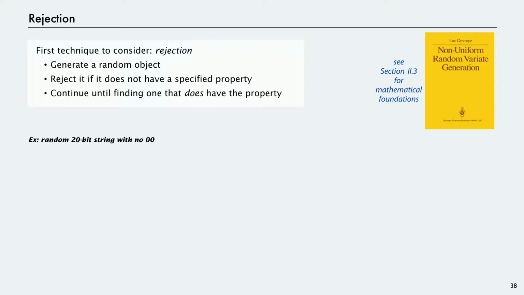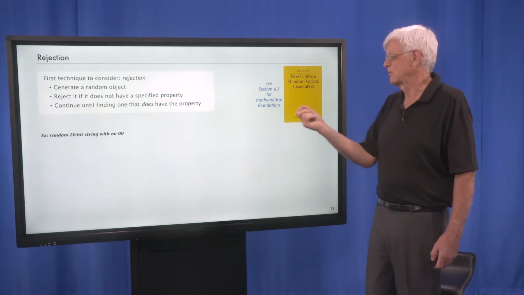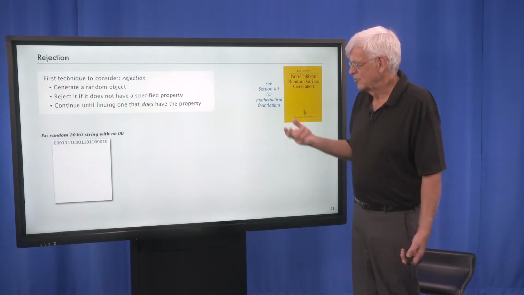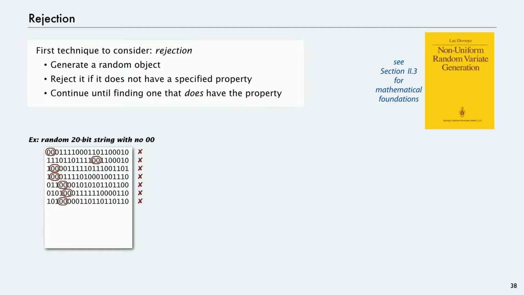So here's a very simple example. Let's say we're looking for strings that have no occurrence of 2 consecutive zeros. Just generate a string. Well, that one has 2 consecutive zeros right at the beginning, so we reject it. Generate another one, and keep going in that way. We find 2 consecutive zeros in the strings that we generate.